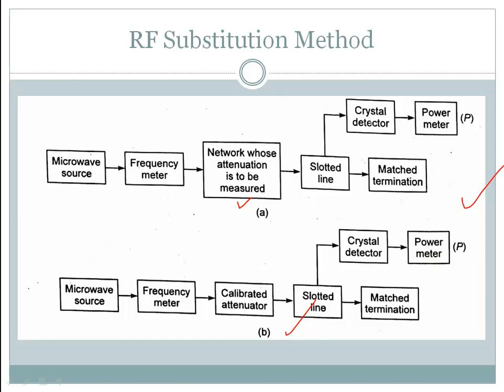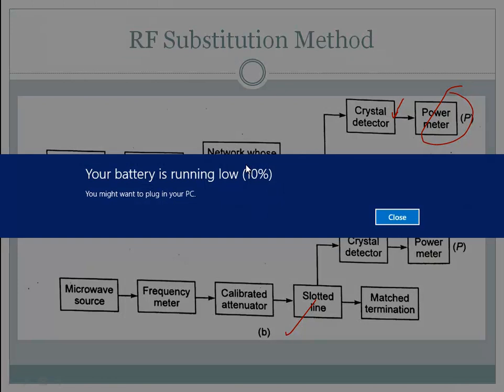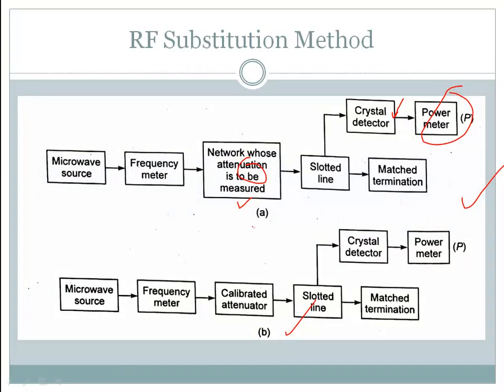Now, with the help of the power meter, which is connected at the output of the crystal detector, we calculate the power which is coming after the network. Now, this particular network is replaced by the calibrated attenuator, this one. The power by this arrangement is shown by P2.